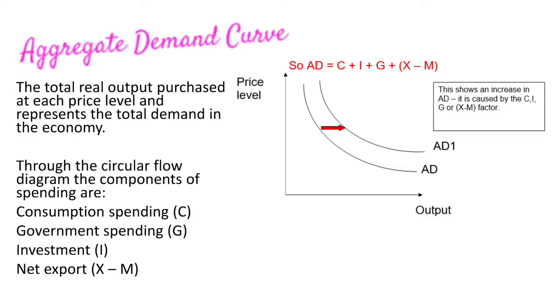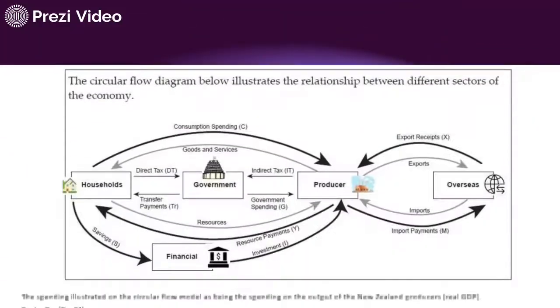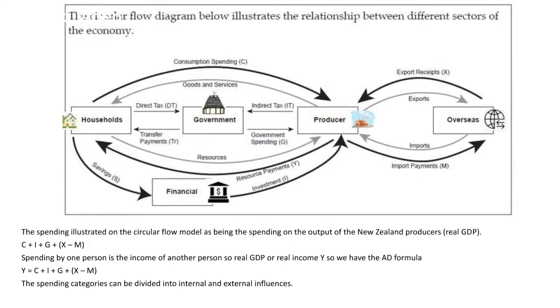If we go back to our circular flow model, you can see here that C is up the top, consumption spending. That is the flow that moves from the households to producers or companies. You need to be able to explain that. I is investment that moves from the financial sector to companies. You'll need to explain that as well.